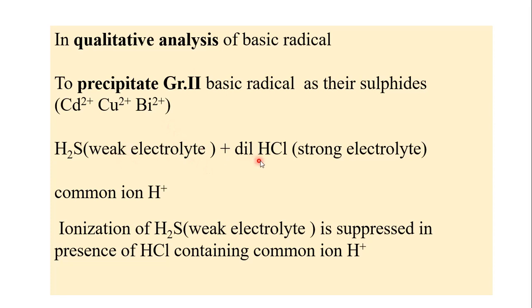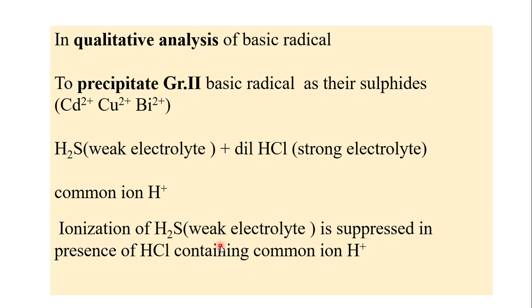and when you add HCl to this H2S, that is hydrogen sulfide, the common ion in both of these is the hydrogen ion. H2S is a weak electrolyte, so the degree of ionization of H2S is suppressed in the presence of HCl containing the common ion, that is the hydrogen ion.